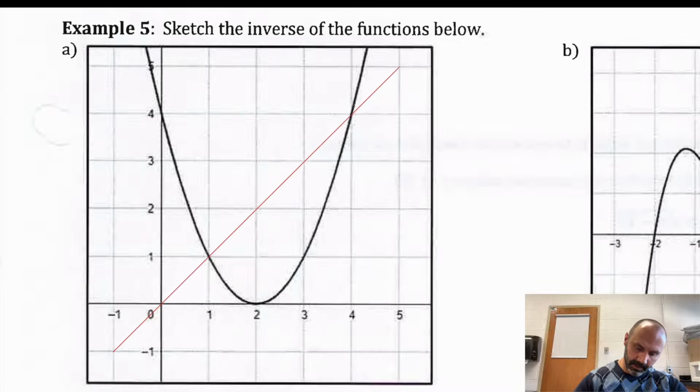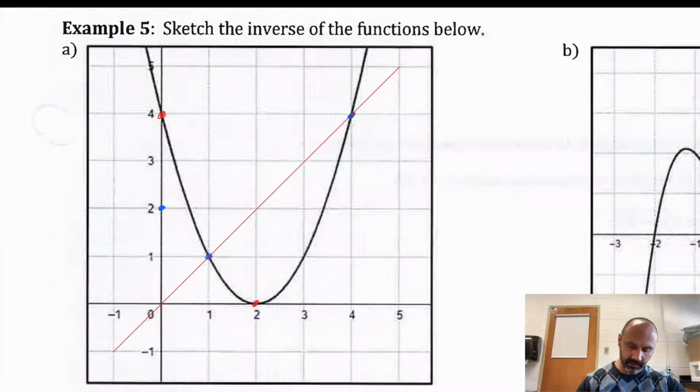Okay, now I've got a couple of points that cross that line. I also have a few points that are at grid points that I can see where they are. And so what I know is that I can just switch. I have 2, 0, so I'm going to go to 0, 2, like that. This point and this point, those that are on the graph at the intersections, I can leave.